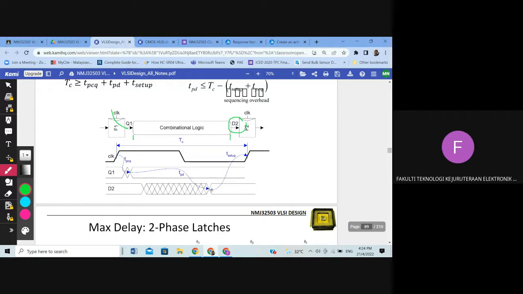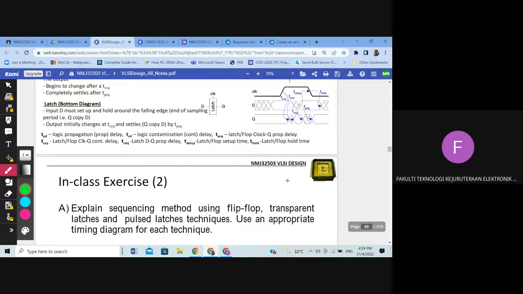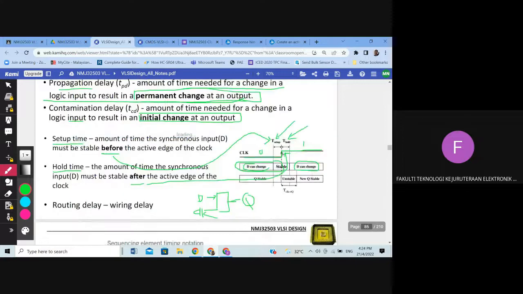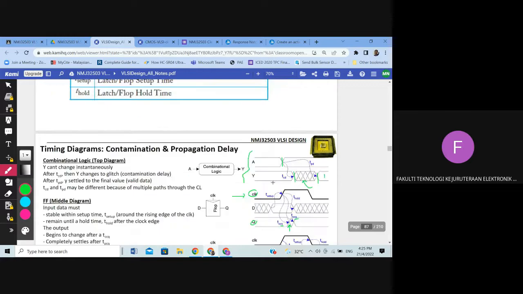So D must be stable from here until the next rising edge of the clock. Remember that we have discussed this diagram, similar to this one. That's the T setup: the rising edge of the clock, and the time before it is the setup time, and the time after it is the hold time.